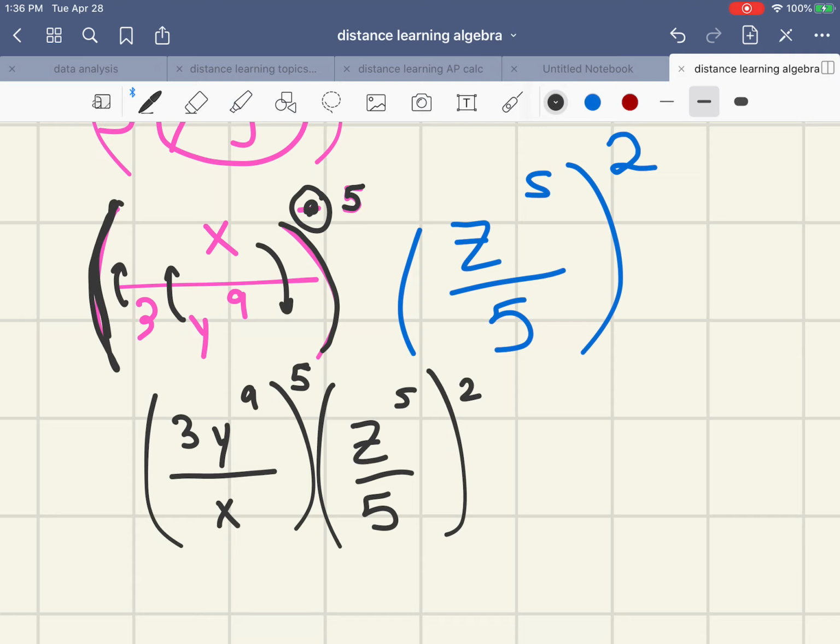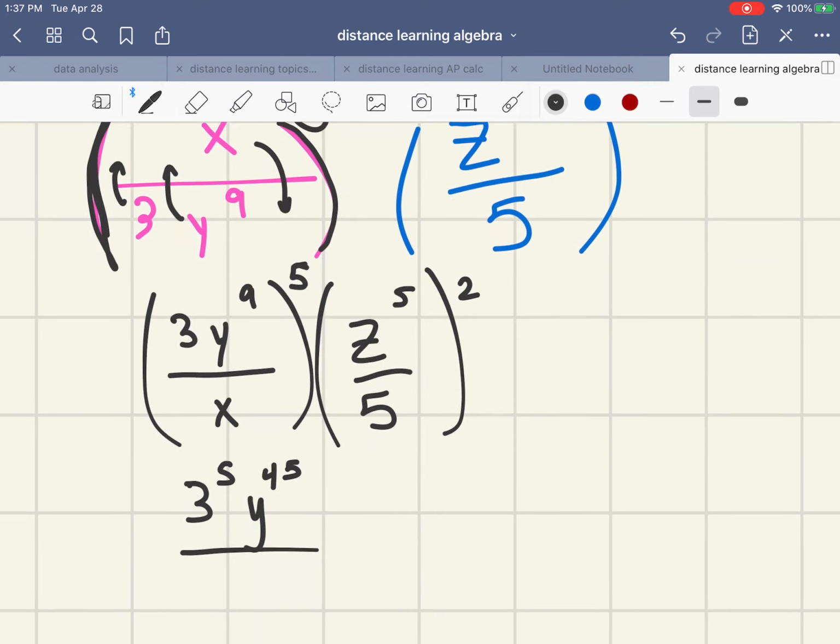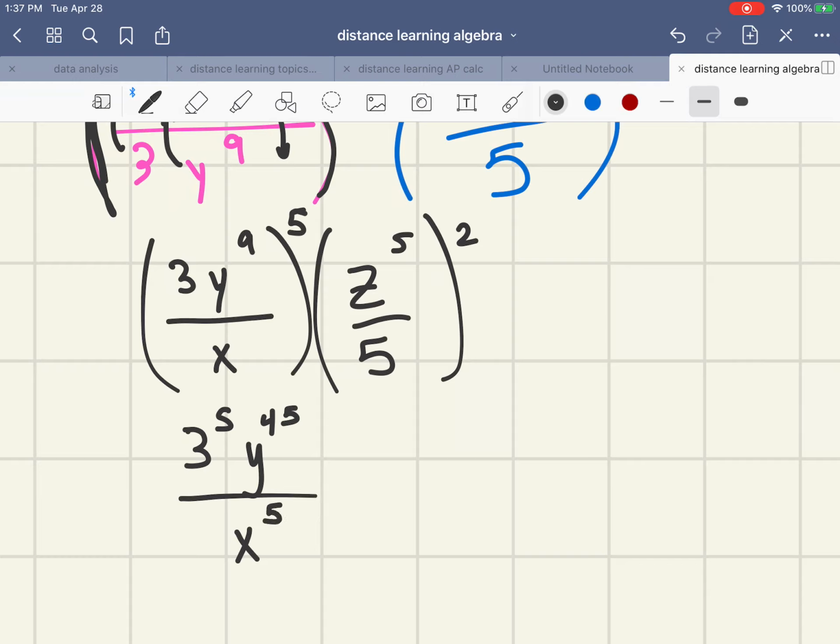Now I'm ready to raise everything to the 5th power in the first set of parentheses and the 2nd power in the second parentheses. So I'm going to do 3 to the 1 raised to the 5th, which is 3 to the 5th. I'm going to keep it like that for now. y to the 9th to the 5th is y to the 45th, and then I have x to the 5th in the bottom.